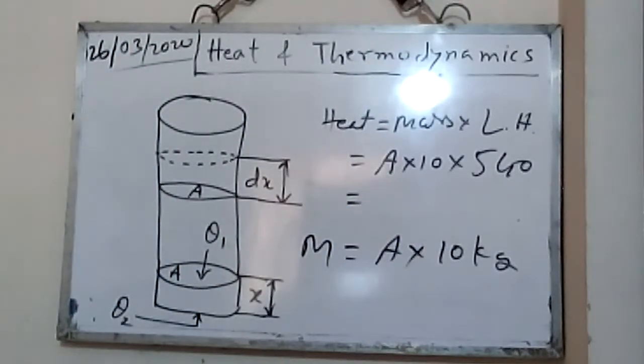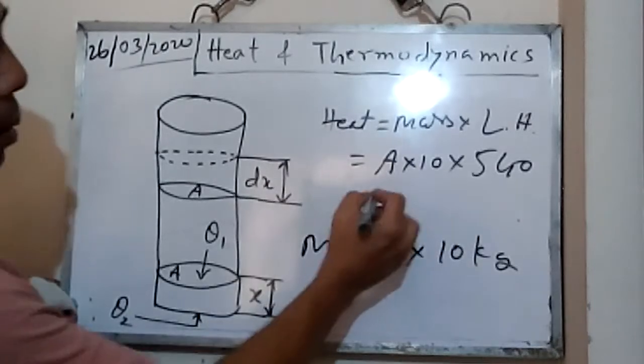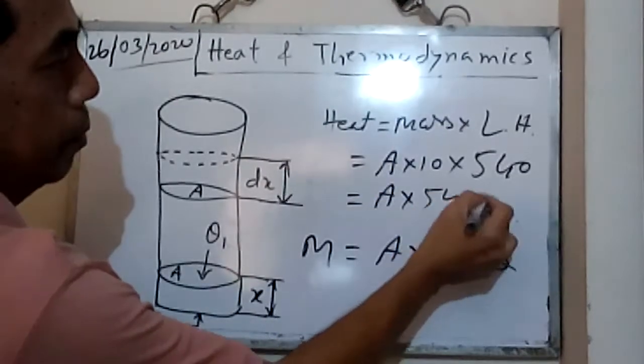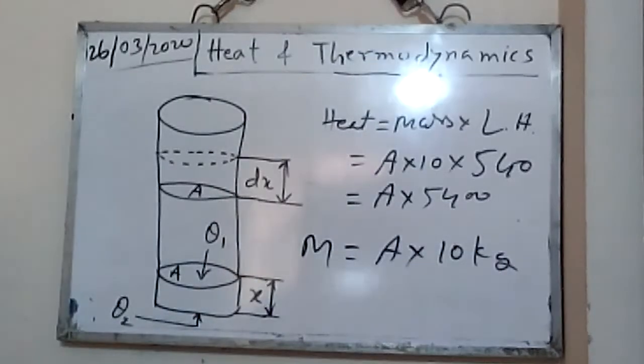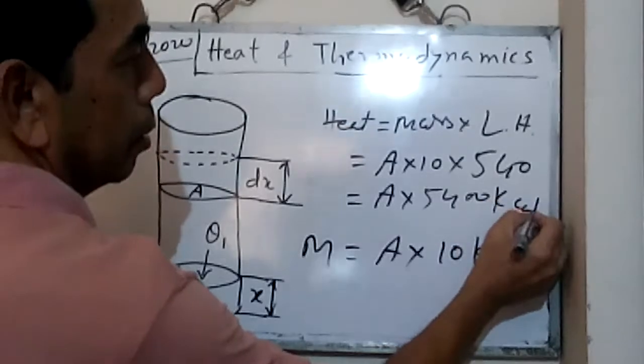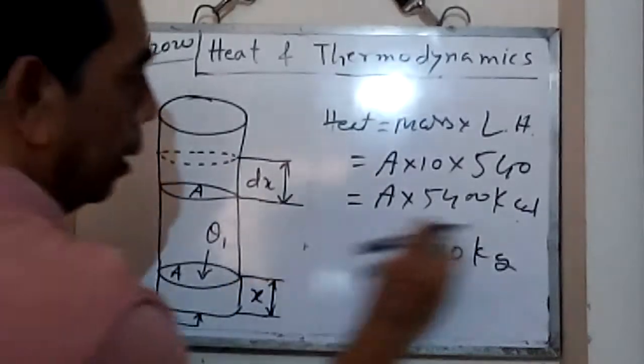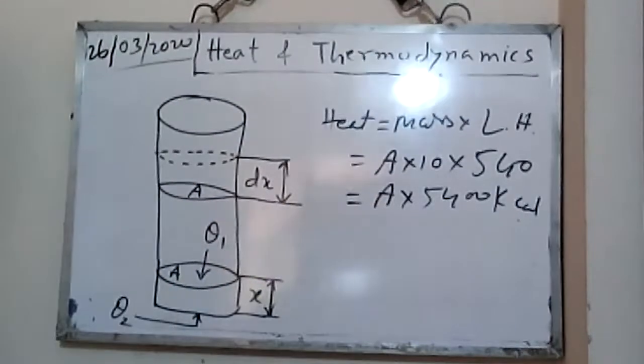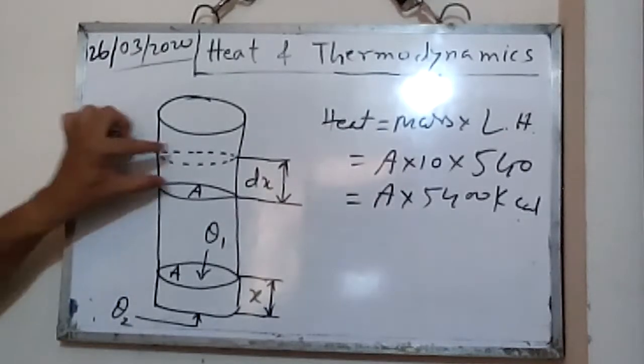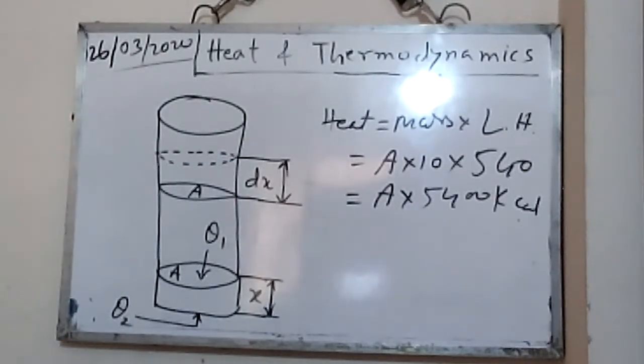Therefore 540 into 5 kilocalorie heat required. And this amount of heat is required to evaporate this amount of water.